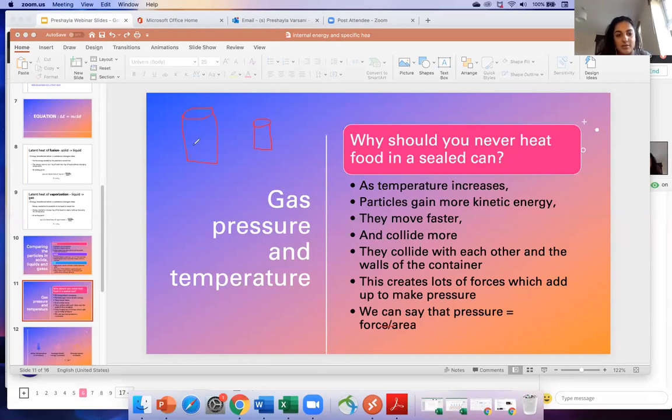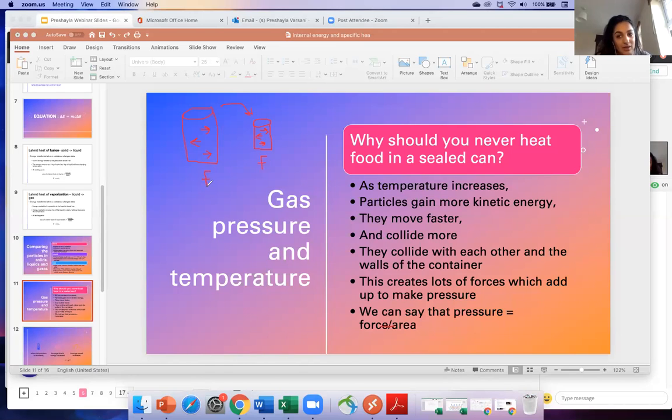Now, I'm going to put some source of force in here because of my collisions of my particles. And I'm going to put the same amount of force in here because of my collisions of my particles. Okay, so the force in here is the same as the force in here, but the area of this container is much smaller than the left-hand side container.